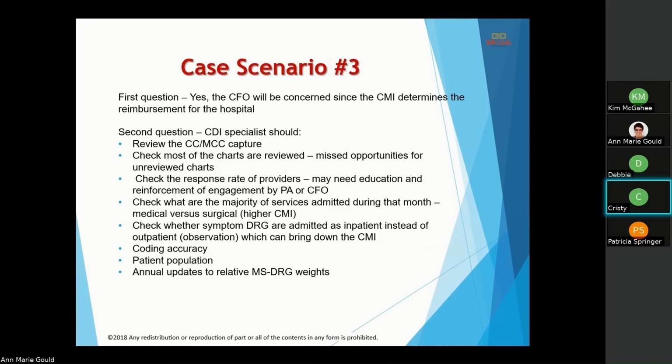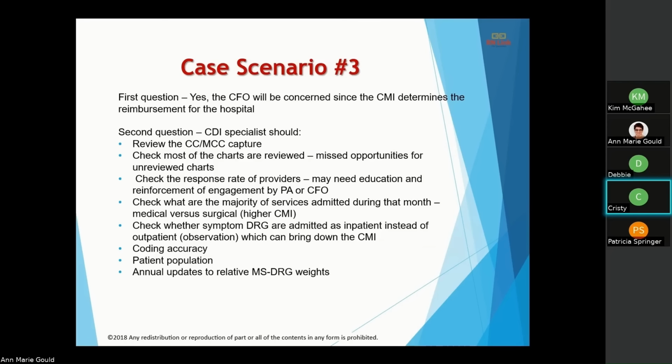And then check whether most of the charts were reviewed, because there are missed opportunities for unreviewed charts. Even though you wanted to review 25, there were like 35 admissions, so you missed the opportunity for 10 charts. There could be some query opportunities there. It could be a surgical case that wasn't included in your stats.